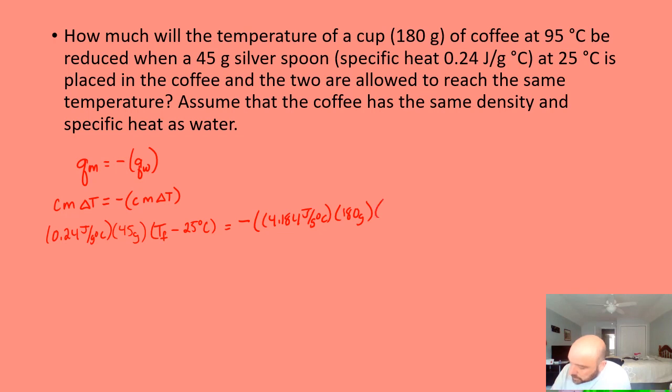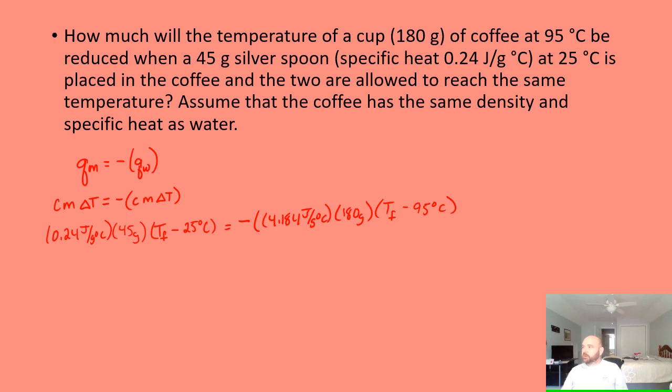And the temperature change of the water is going to be TF minus 95 degrees Celsius, because the water is at 95 degrees Celsius. And we want to know what temperature it gets down to. So I'm going to use the calculator and simplify those expressions down to TF.